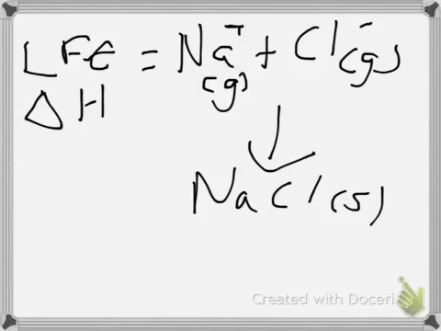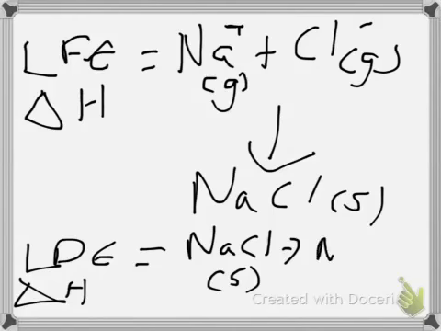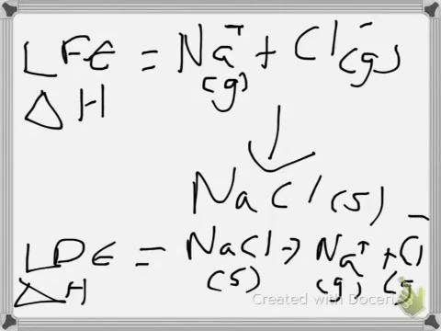Okay, and then your lattice dissociation enthalpy is going to be exactly the opposite. So it's going to be the enthalpy required to actually break apart 1 mole of sodium chloride as a solid to go to your sodium plus ions as a gas and your chloride ions as a gas.